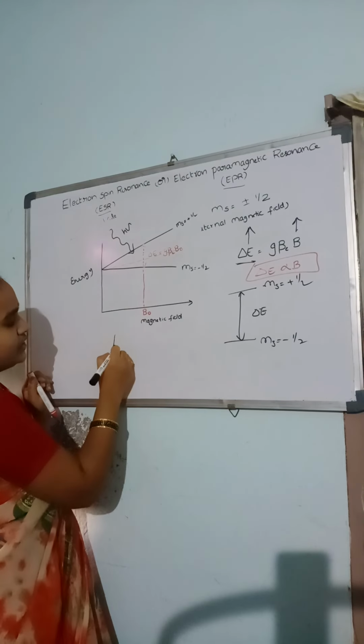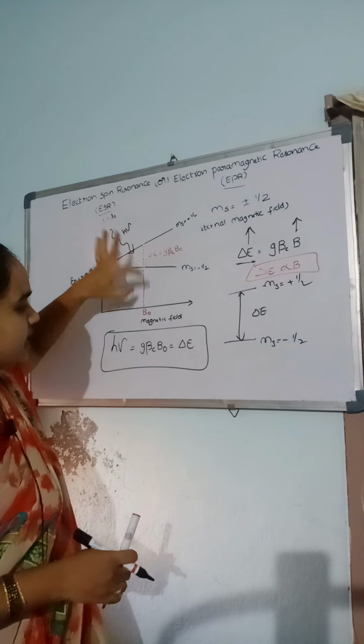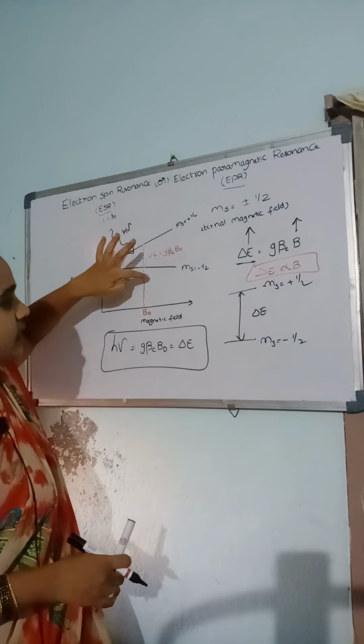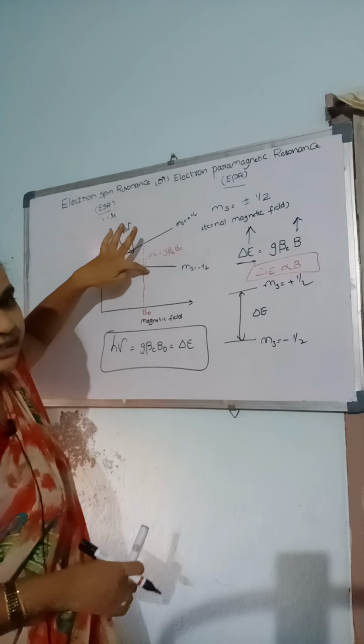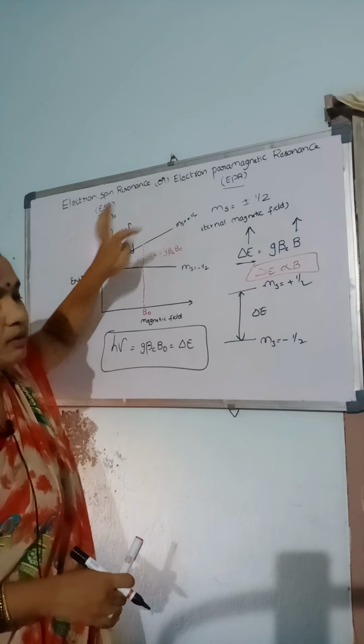That is, h nu must match this energy gap, g beta e B naught, which is equal to delta E. So this condition is called the resonance condition. If h nu is equal to the separation between these two lines, then this radio wave is absorbed by that electron and the electron is excited from Ms equal to minus half to Ms equal to plus half state.